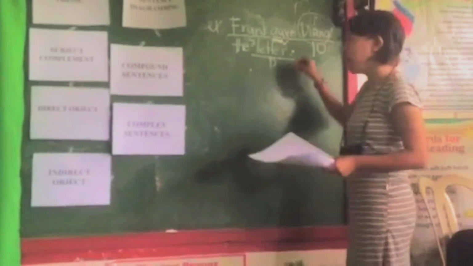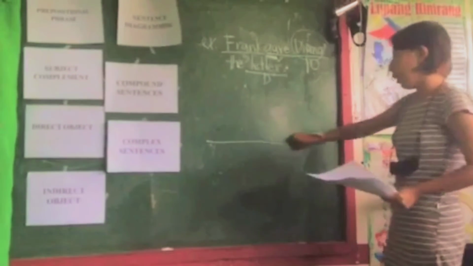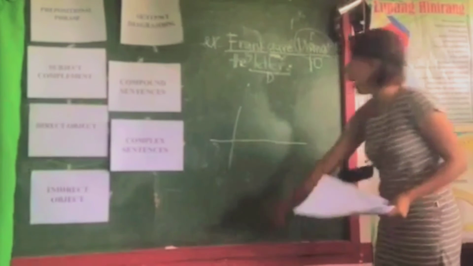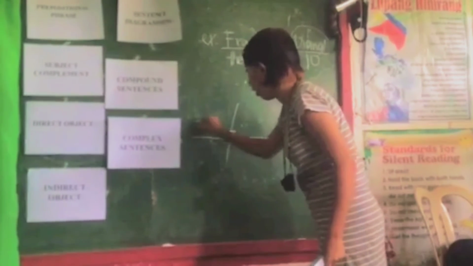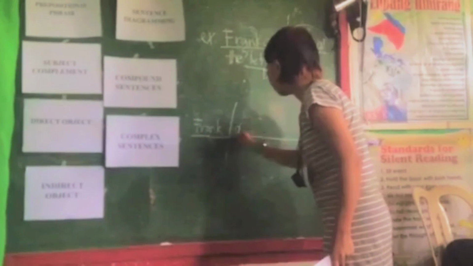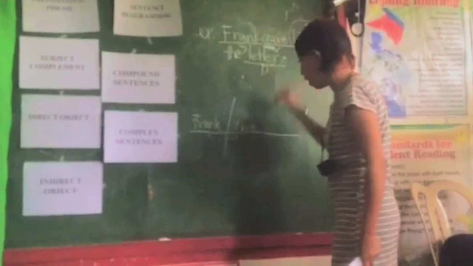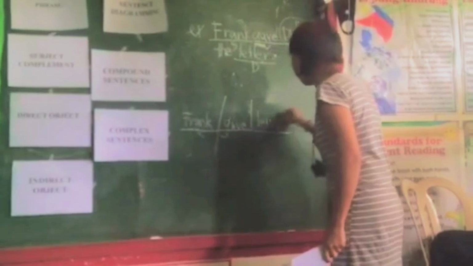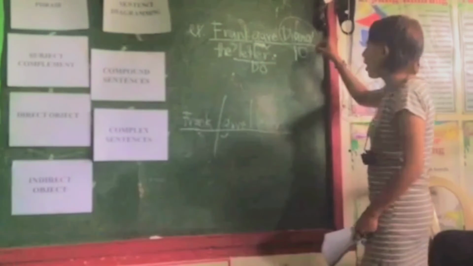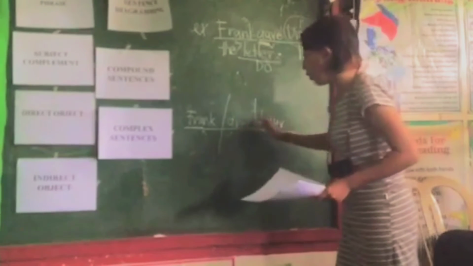Now let us try to diagram the indirect object, alright? We have to draw again a horizontal line and a vertical line. Since Frank is our subject, we write it here. Frank. And gave as our verb. And letter as our direct object. Letter. Since Diana is our indirect object, we have to separate it from this line.